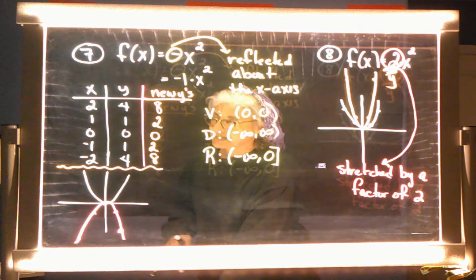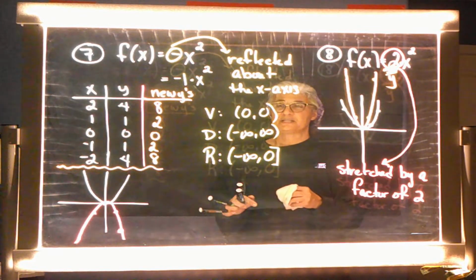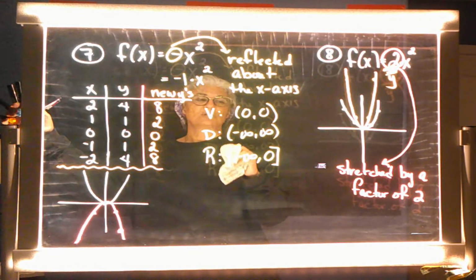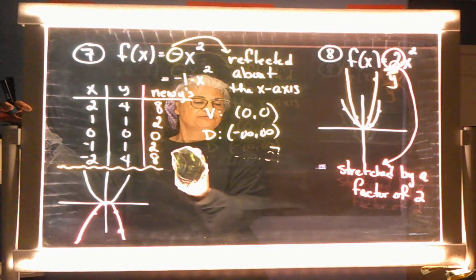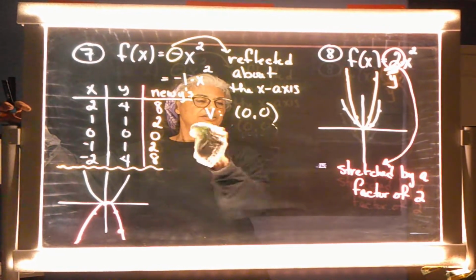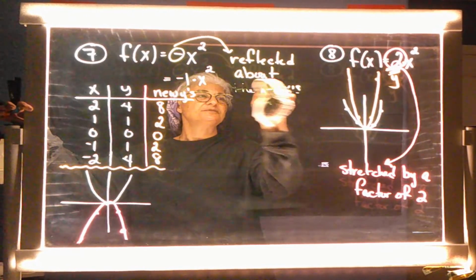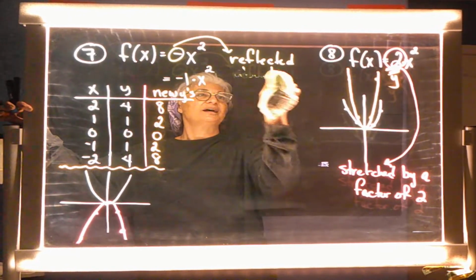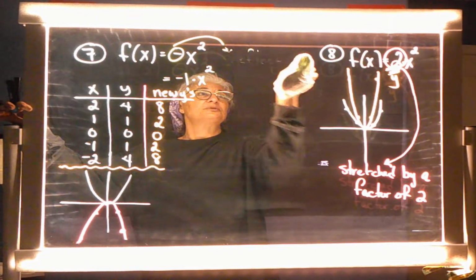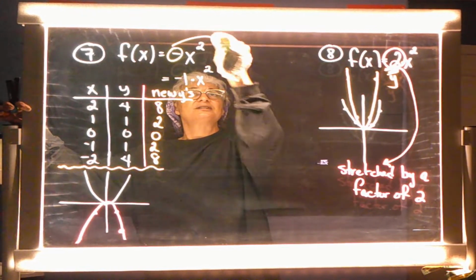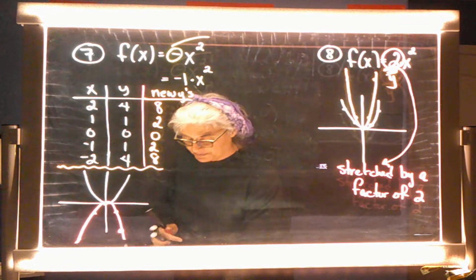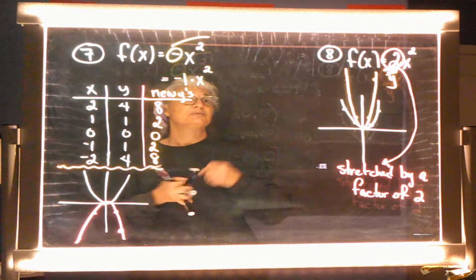Okay. I got one more of these. So let me get rid of this information right here. I know you have it copied down, or you can always go back and look at the video again, because we have something like number 8, but just a little bit different. So let's look at number 9.